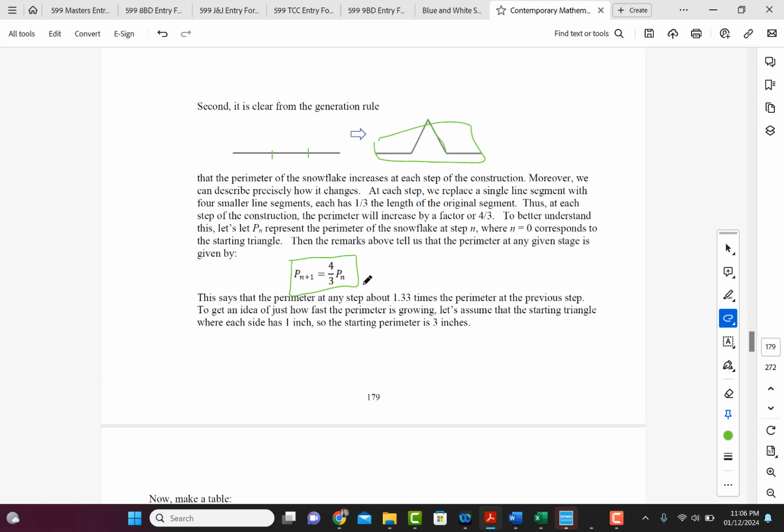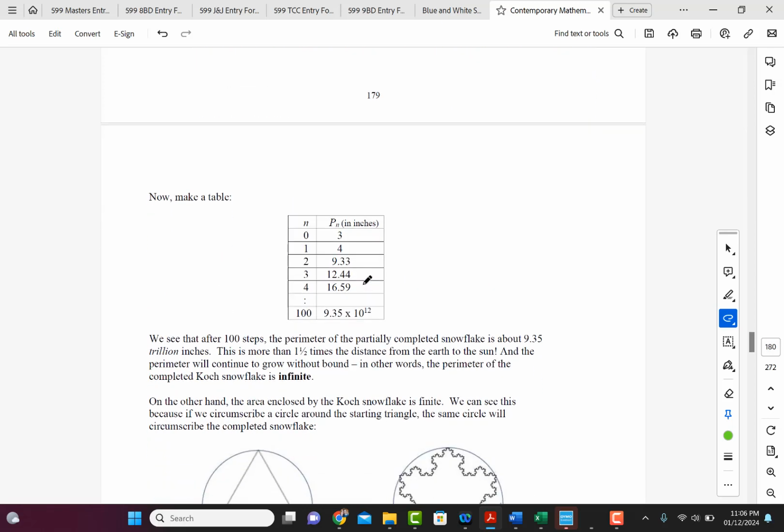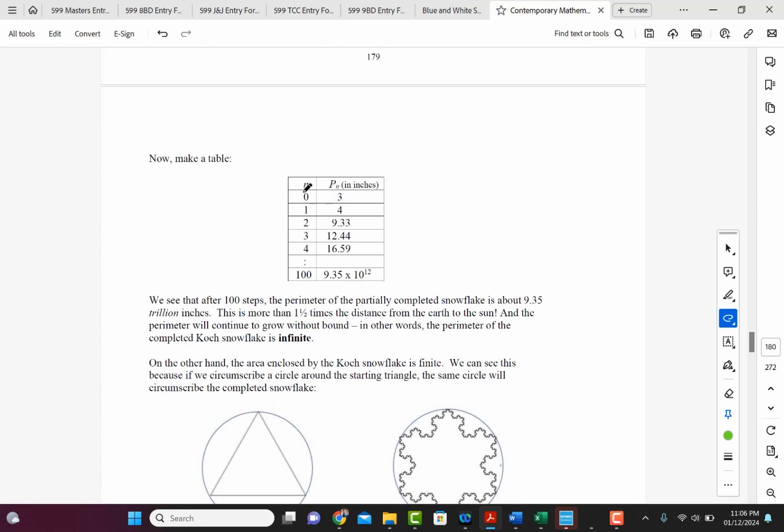To get an idea of just how fast the perimeter is growing, let's assume that the starting triangle has sides of 1 inch each, so that the starting perimeter is 3 inches. So at step 0, which is the equilateral triangle, it'll be 3 inches.